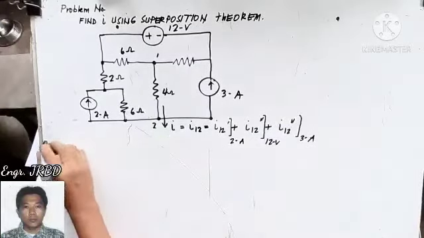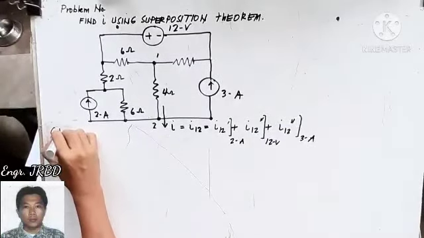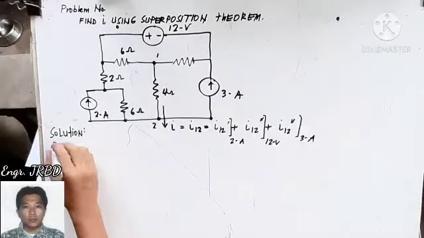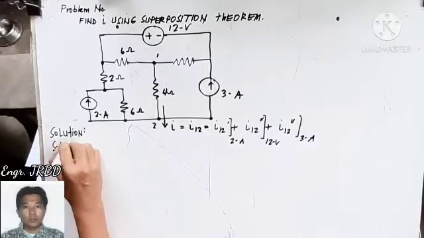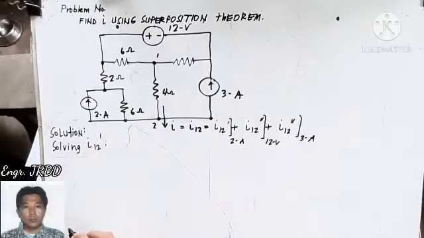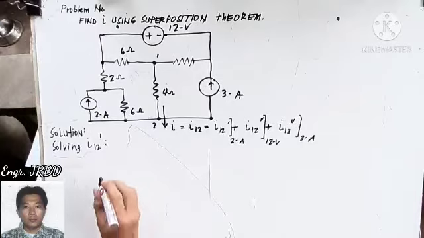So if we start by finding the component current of your I-12 prime, replace the other sources by their equivalent internal resistance.